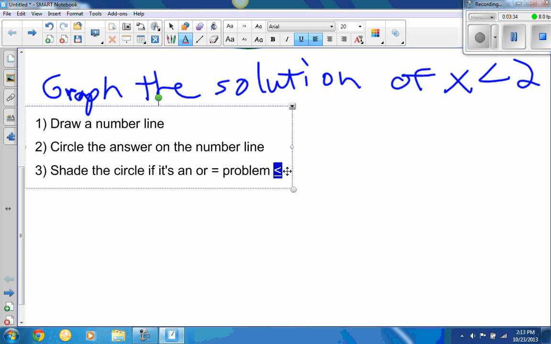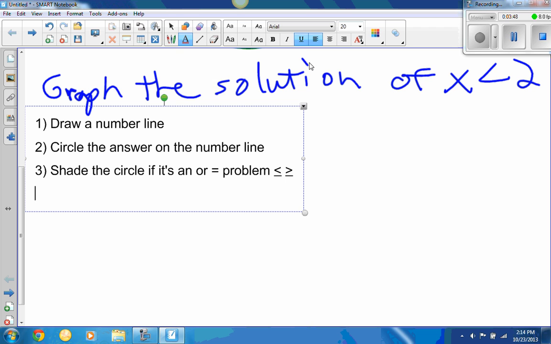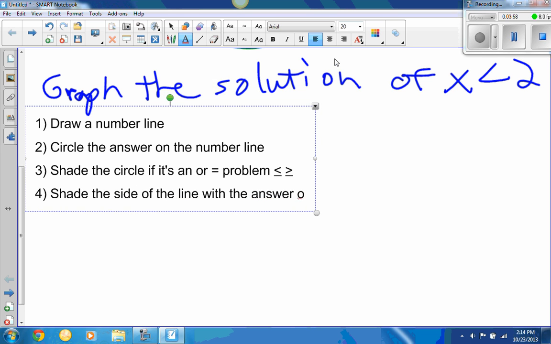So if it's a less than or equal, like that, or a greater than or equal, like that. Okay. If it's just the regular less than or greater than, you're not going to shade it in. And then the last step, you're going to shade the side of the line with the answers on it.